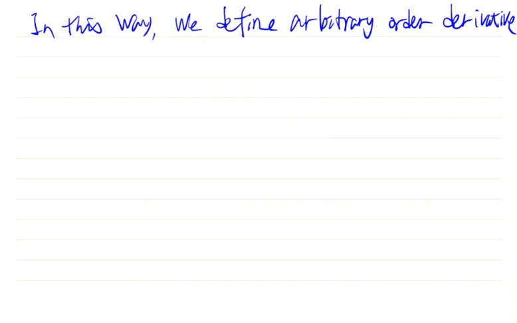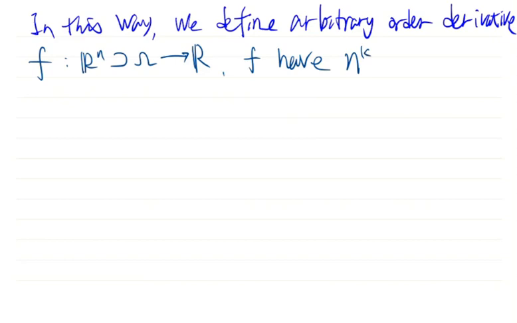So if f is a real-valued function defined on some omega, a subset of Rn, then such an f will have n to the power k kth order derivatives.